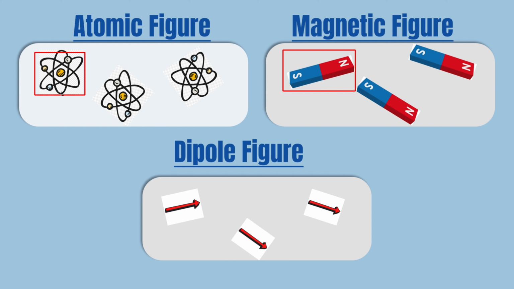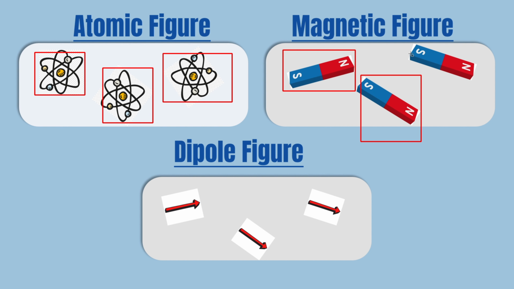As a result, we can replace an atom with a magnet, because we have already studied that an atom is always equivalent to a magnet, while the second atom is equivalent to a second magnet, and the third atom is equivalent to the third magnet. As a result, we have the atomic figure and the magnetic figure of a specific substance.